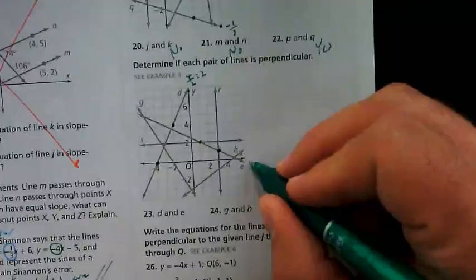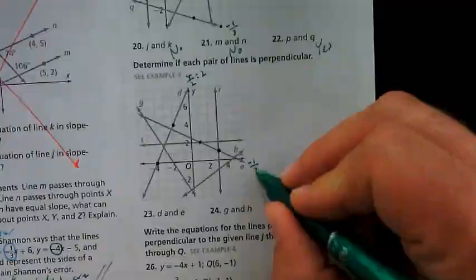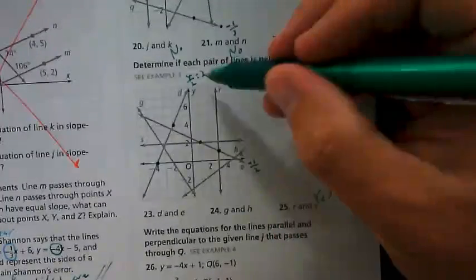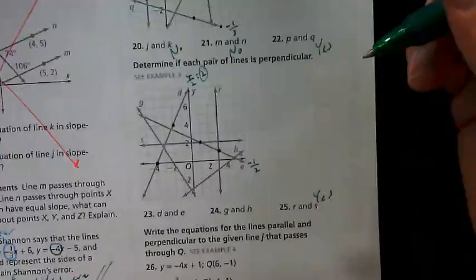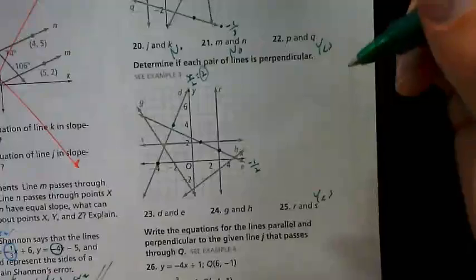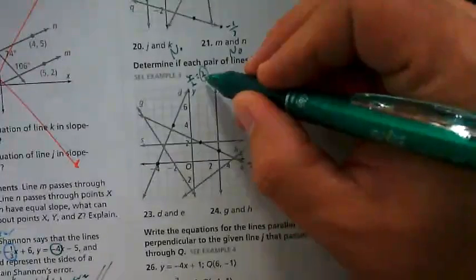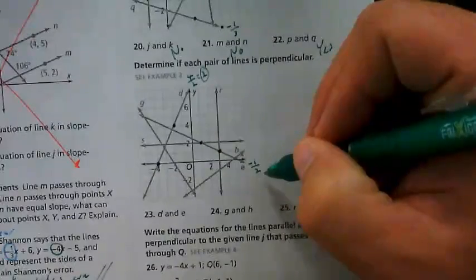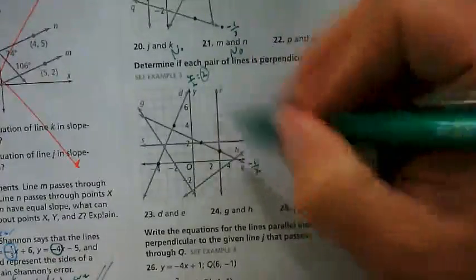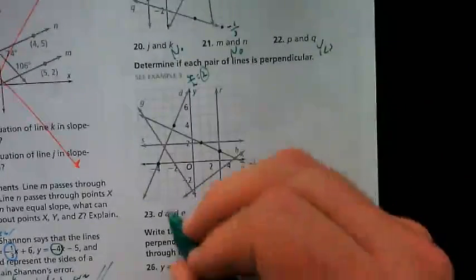So that's down 1 over 2. Well, if my slope here was 2, and this one's negative 1/2, are those opposite reciprocals? Yes, those are opposite reciprocals. If I was to flip this, that'd be 1/2, and then make it negative, negative 1/2. If I multiply these two together, I get negative 1. So those are opposite reciprocals. So that's a yes.